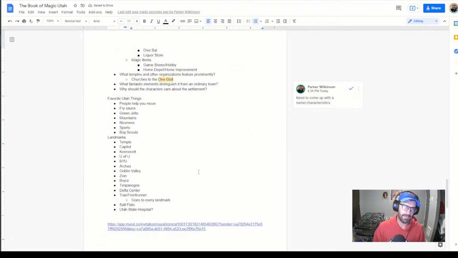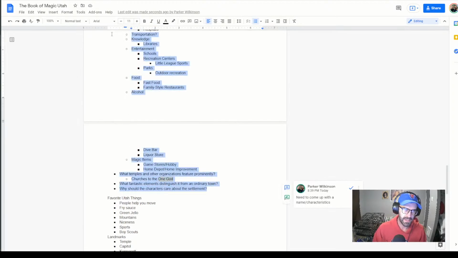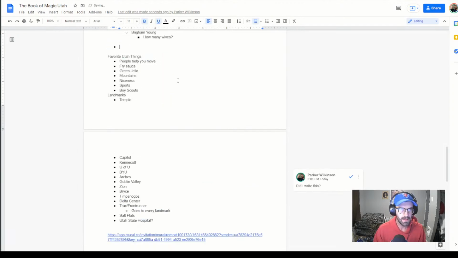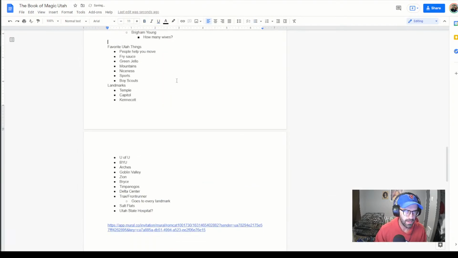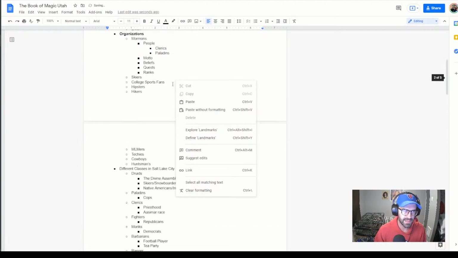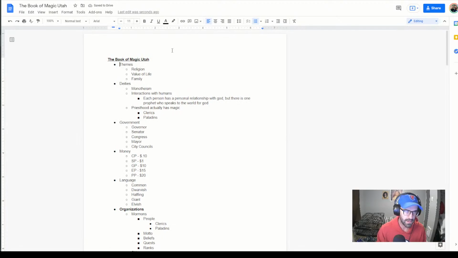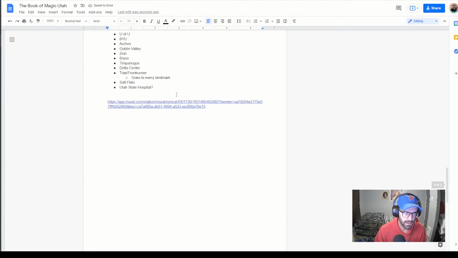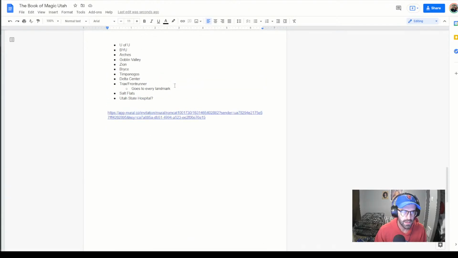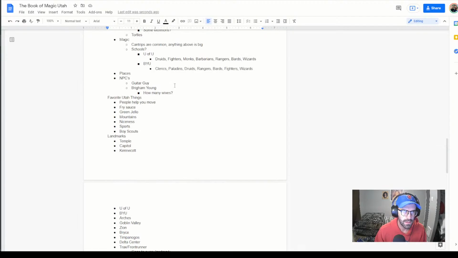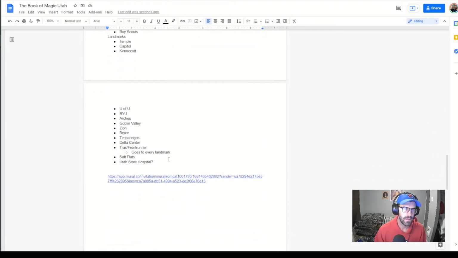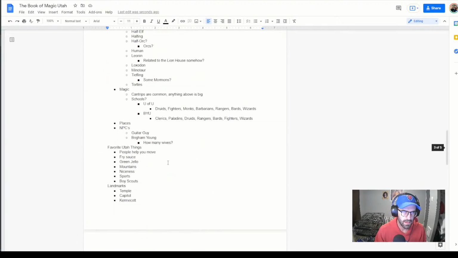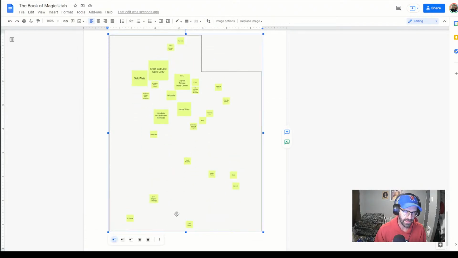Okay, what needs to happen is all this stuff about Midvale needs to go at the bottom, because these are all like random thoughts up here. So starting up here, let's see what this one looks like. Actually, I'm going to put it after this then.